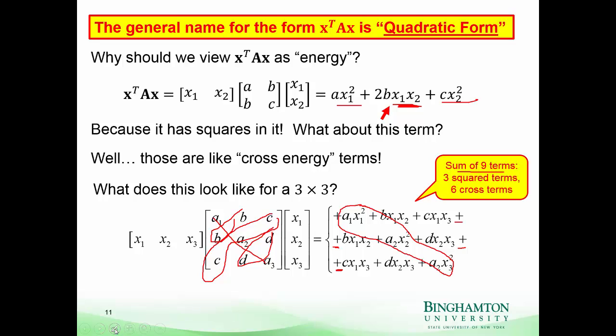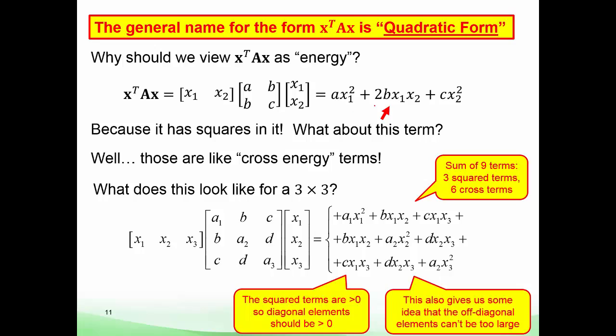Okay. So let's look at this. What do we got here? Well, we've got these squared terms down the diagonal. So the squared terms are definitely greater than 0. Squared terms are greater than 0. So we need the diagonal elements to be greater than 0, as we've seen before. So these diagonal elements all need to be greater than 0, and that'll make all those terms greater than 0.